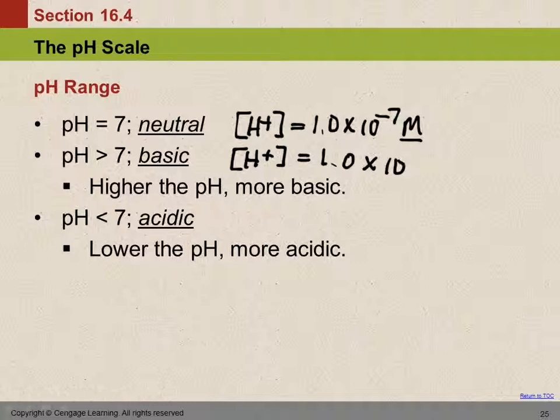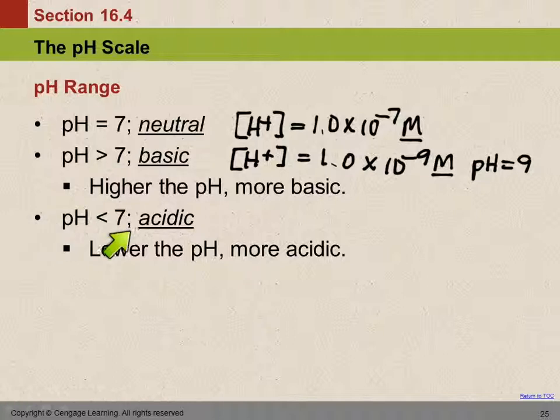So let's say it's 1 times 10 to the negative 9. So making the hydrogen ion concentration lower, if we do pH on this, what do we get? The log of 10 to the minus 9 is minus 9, and we change the sign, we get plus 9. So for that particular example, the pH is 9. When the pH is higher, you have a basic solution.